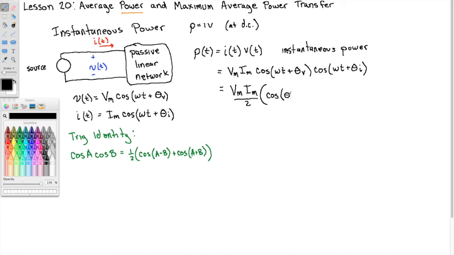So this is theta v minus theta I, plus then omega t plus theta v plus omega t plus theta I. So this becomes cosine of twice omega t plus theta v plus theta I.